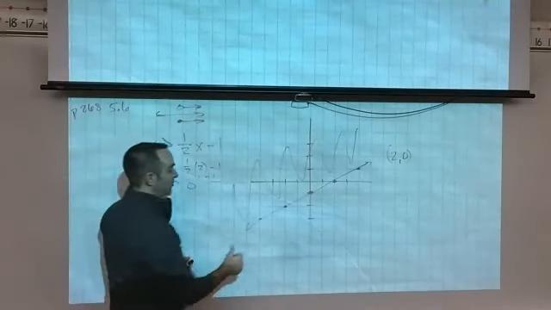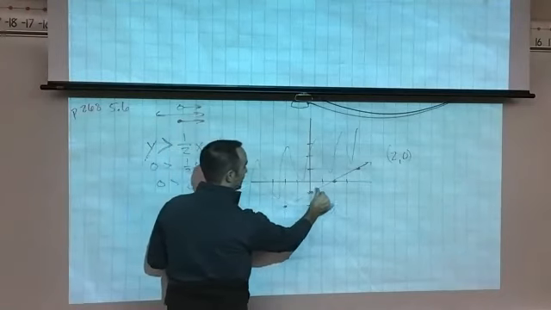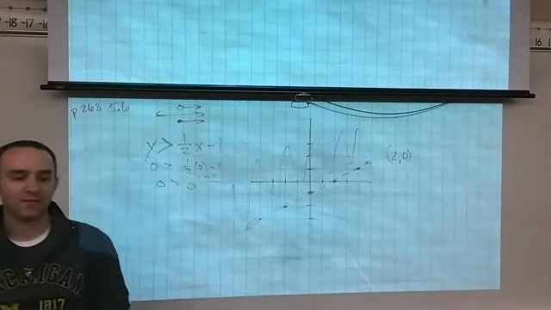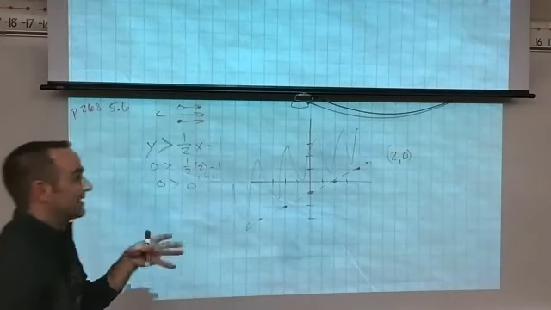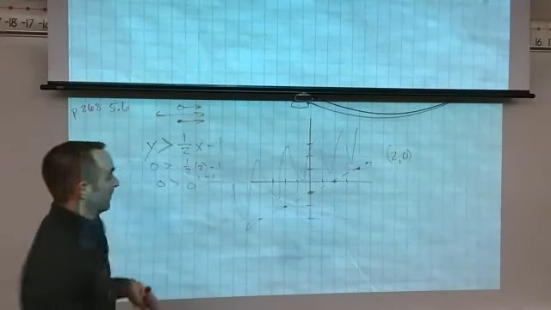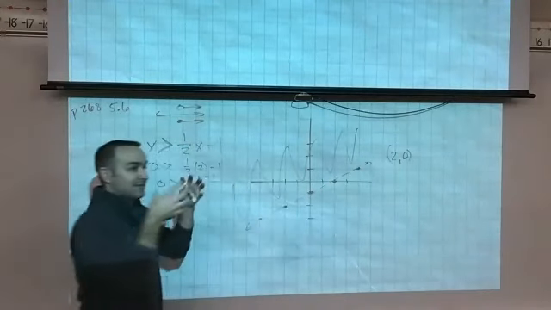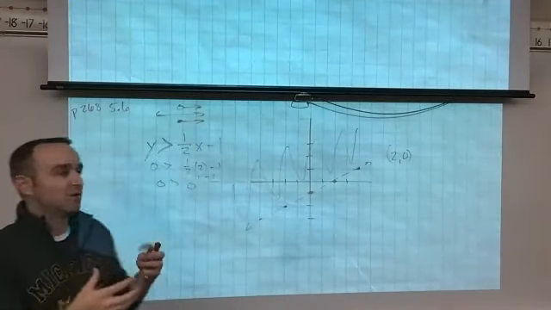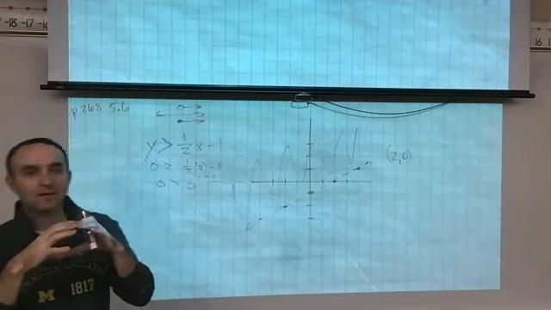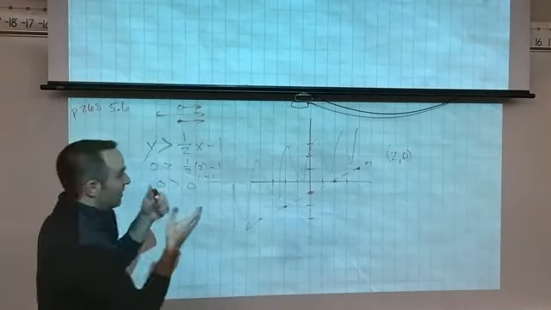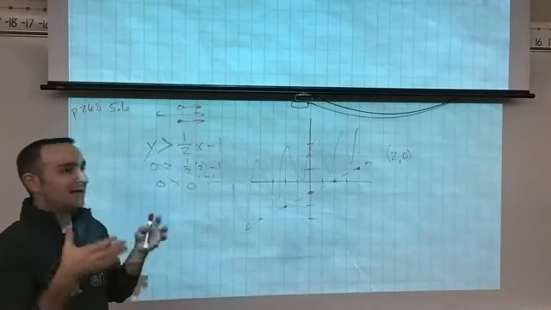What we're going to do is make it a dashed line. We make it a dashed line if that line is not a solution. With this dashed line, any point on that line is not a solution. That's the equivalent of our open circle, right? It's telling us, yes, the point's there, that's where the line is, but that line is not a solution here.